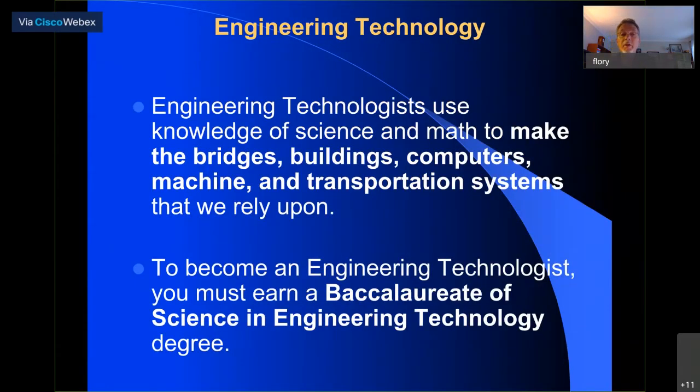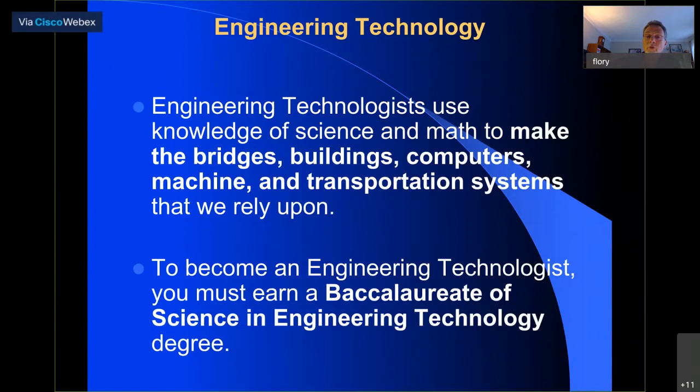Couple of bullets here. Engineering technologists use knowledge of science and math to make bridges, buildings, computers, machines, that should be plural, sorry, and transportation systems that we rely upon. To become an engineering technologist, you must earn a baccalaureate of science in engineering technology degree. Okay.